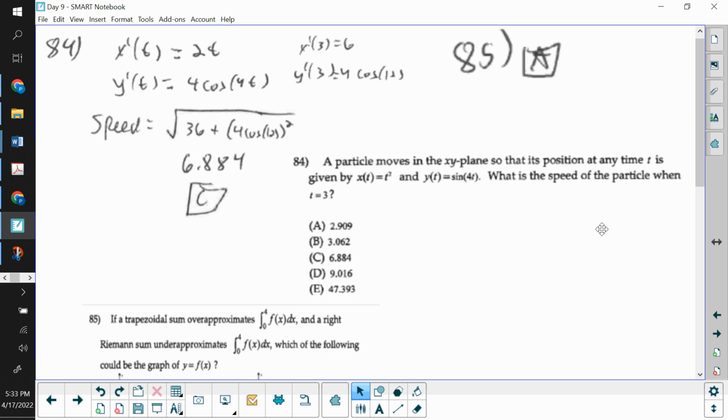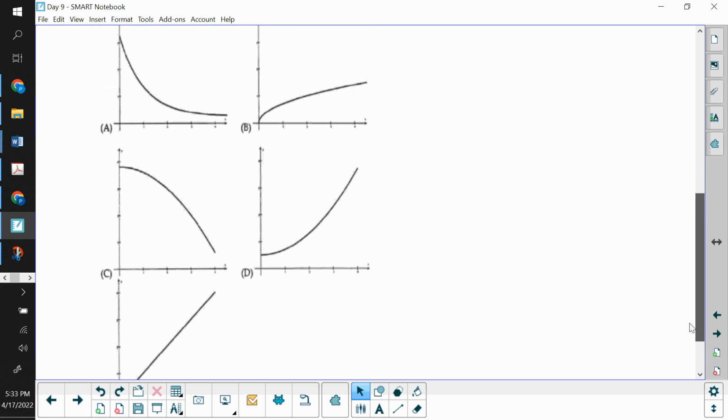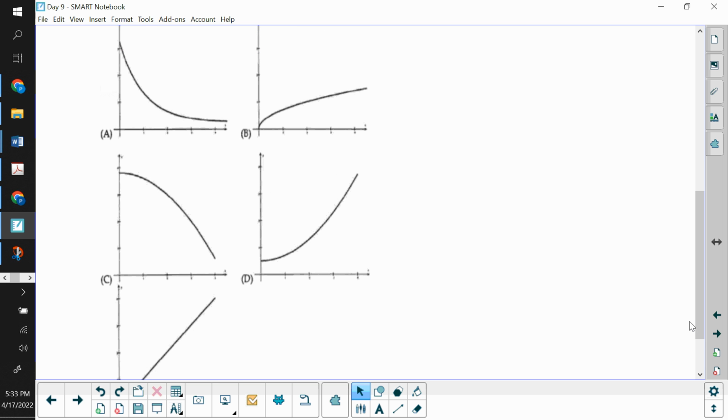In 85, if we want an over approximation for trapezoid, but under for right-hand Riemann sum, to be trapezoid over approximation, we want it to be concave down. So, for example, here's an example of a trapezoid.